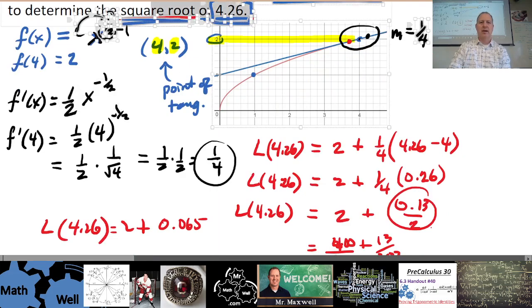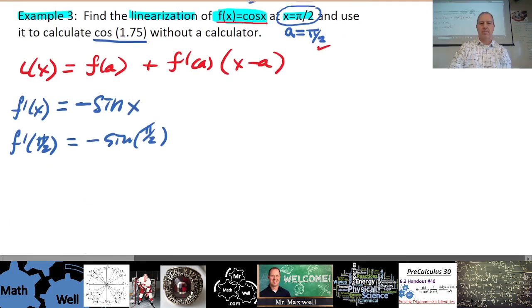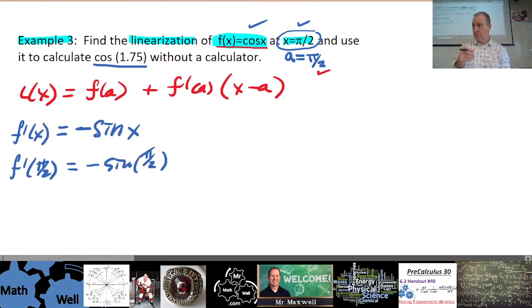Then we put the x value of the point, we put a into there, and that's what we're doing here, right? Is that a problem? Does that look different? Can we continue? Okay, all right.